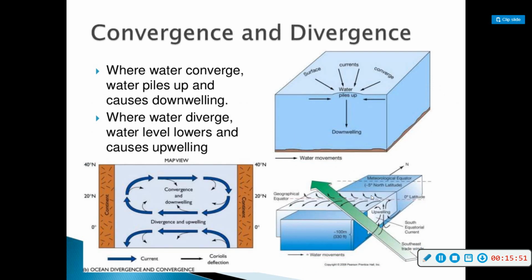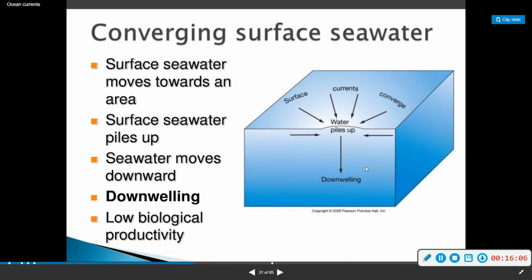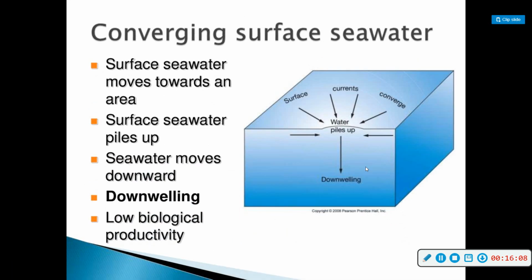So convergence and divergence. Where water converges, water piles up and causes downwelling. And where water diverges, water level lowers and causes upwelling. So converging surface seawater: surface seawater moves towards an area. Surface seawater piles up.